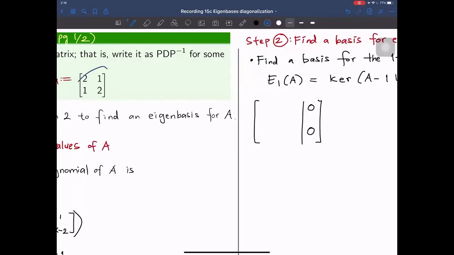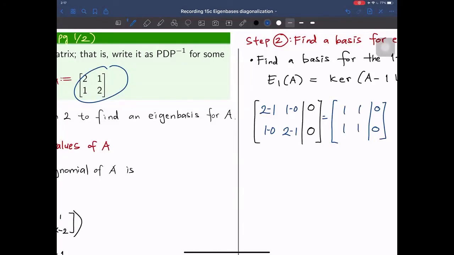So I take A, 2, 1, 1, 2, and I do minus 1 times the identity matrix. So I do minus 1 here and minus 1 here, and just minus 0 at the other places. This is the same as having the matrix 1, 1, 1, 1.